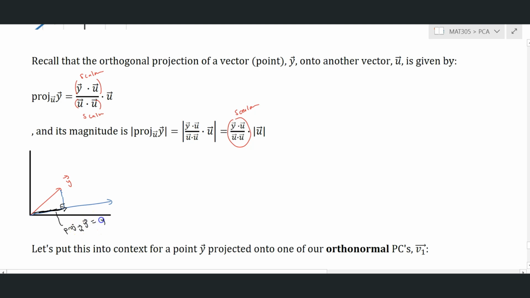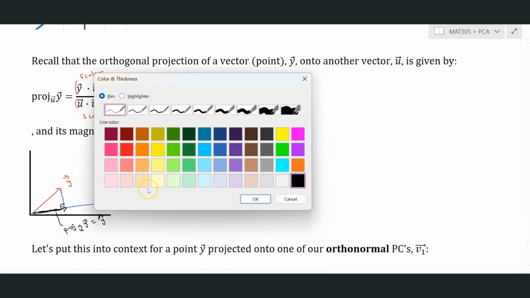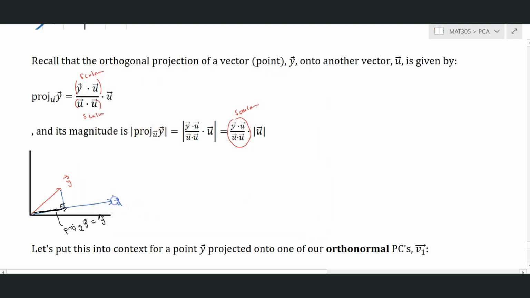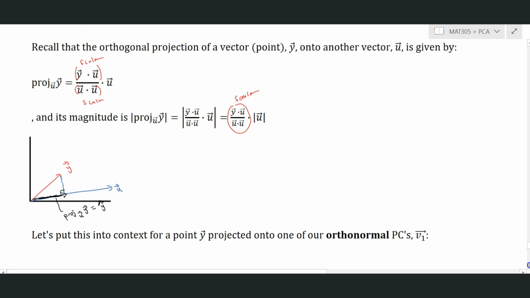Sometimes you might call that y hat, put a little hat over it. That vector, that black vector right there, is the projection of y down onto u. Okay? So that's the visual I want you to think about.